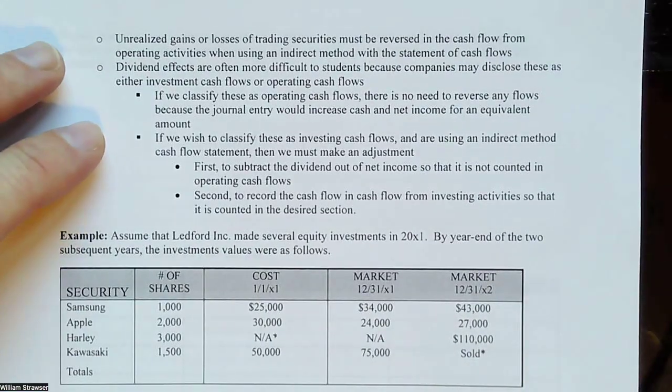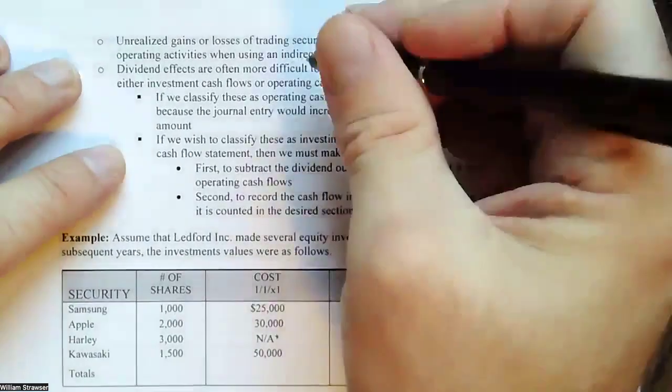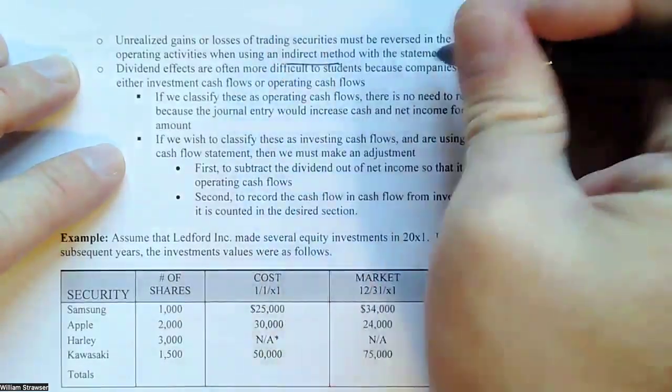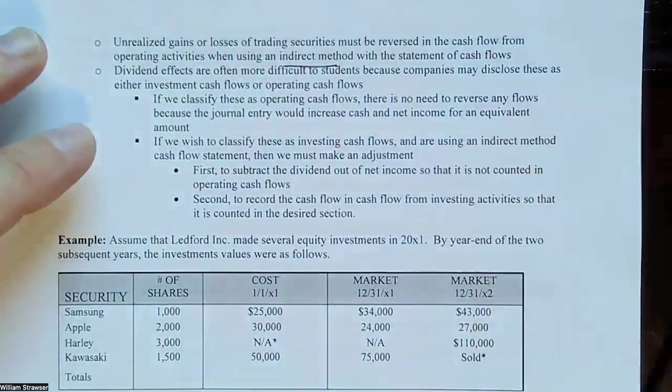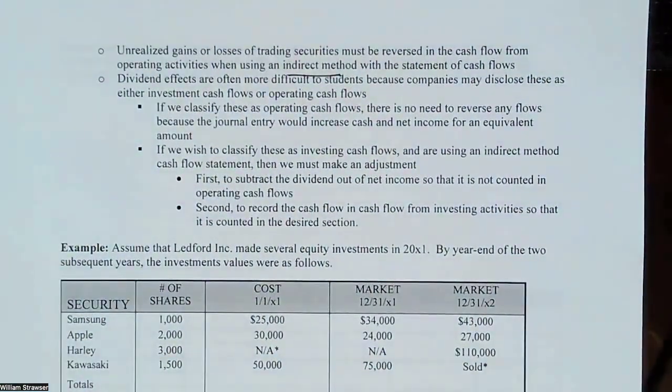And the reason why we have to do that is we're most likely using the indirect method of the statement of cash flow to derive our operating cash flows.